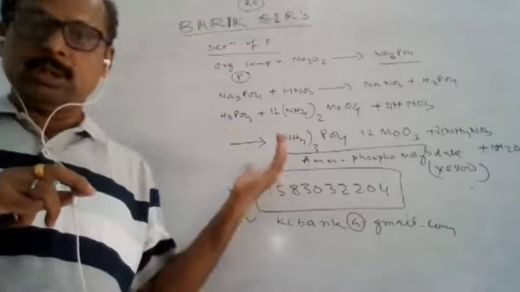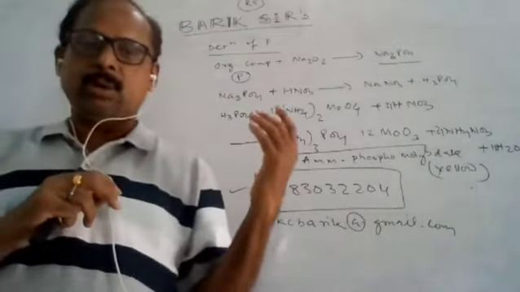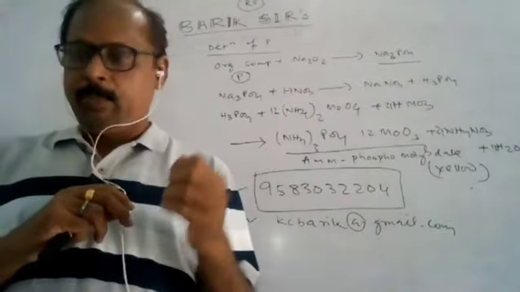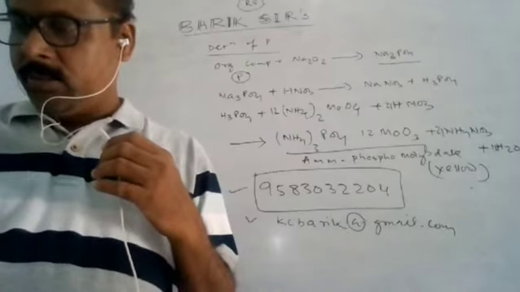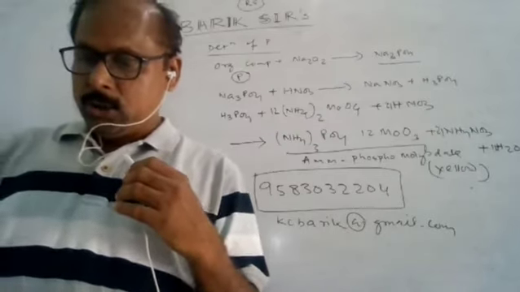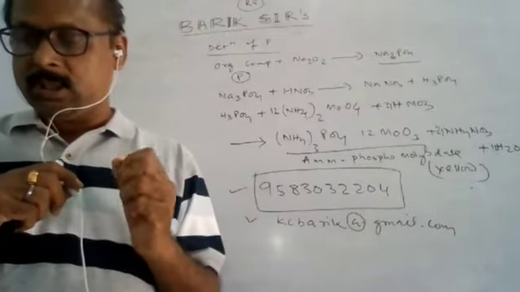This is the estimation of organic compounds. We have discussed the qualitative estimation, and in the next video I will cover the quantitative estimations. In qualitative estimation, the Lassaigne test is used for halogen detection.